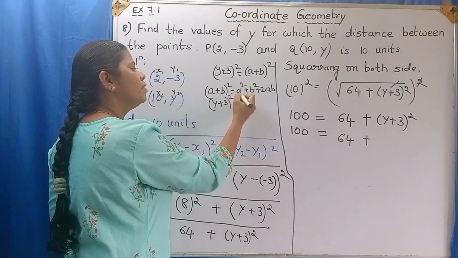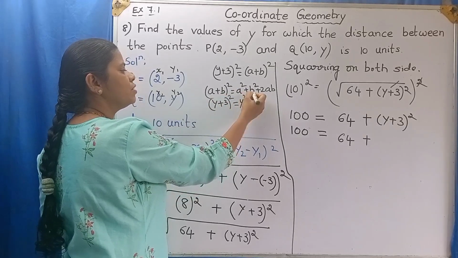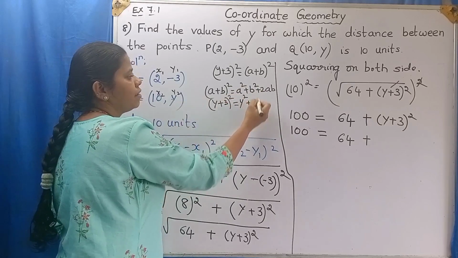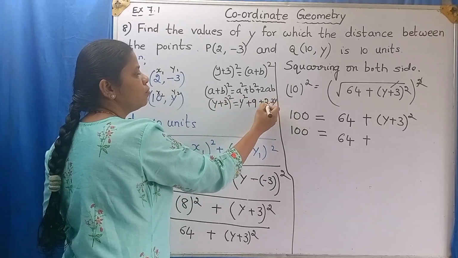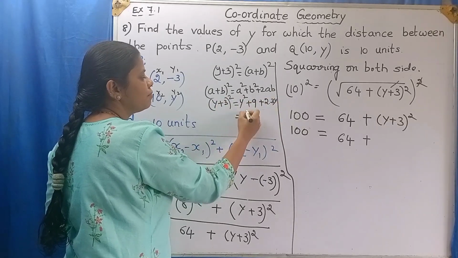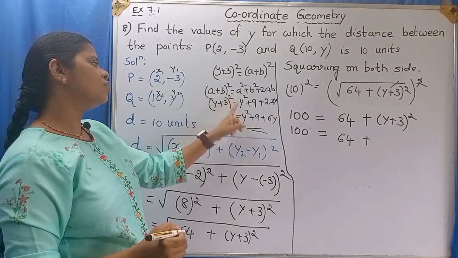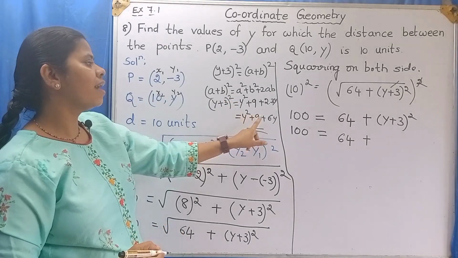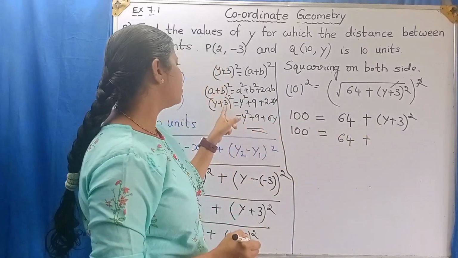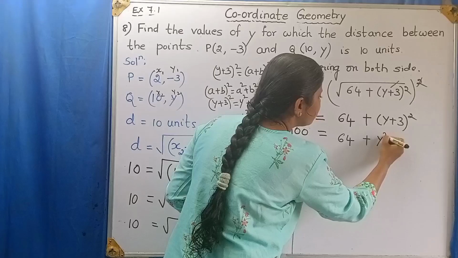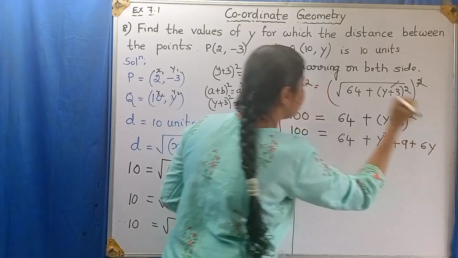A square means y square, plus b square, that is 3 square, 9, plus 2 into a into b, that is 2 into 3 into y, which is 6y. Therefore, (y plus 3) the whole square is y square plus 9 plus 6y. Let me write this here.